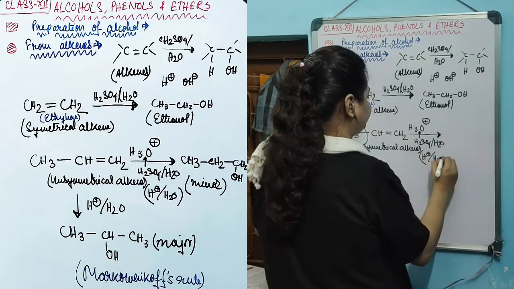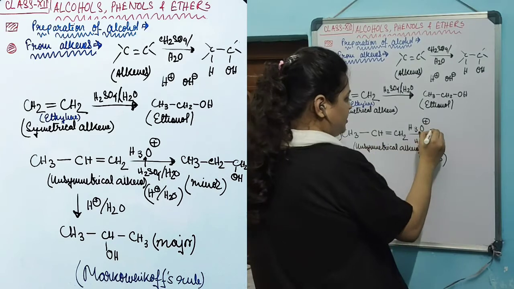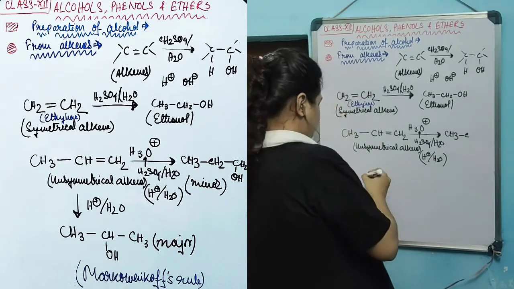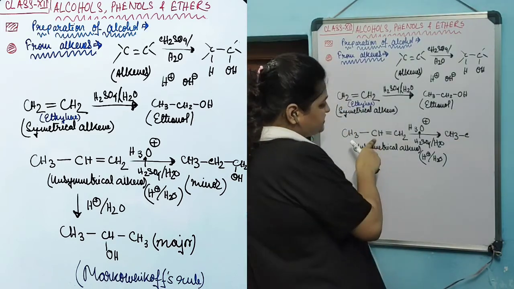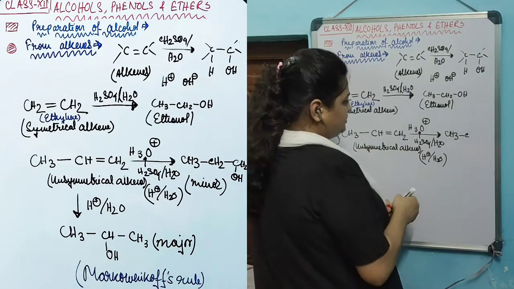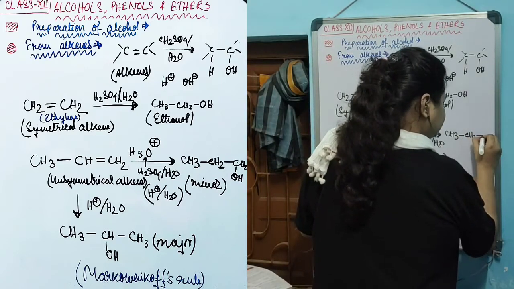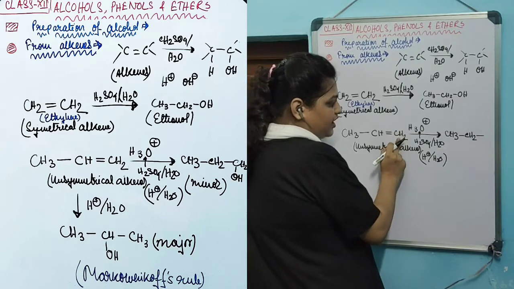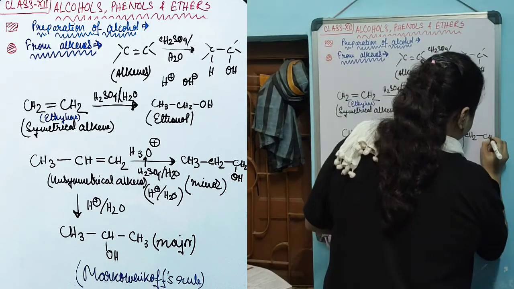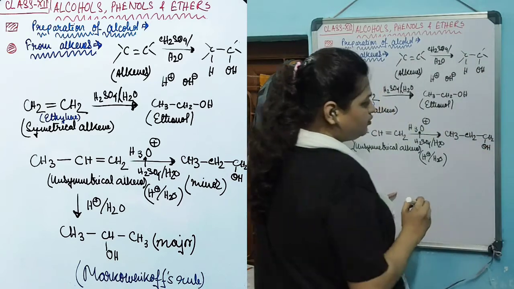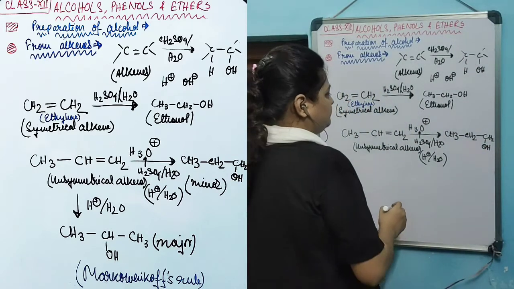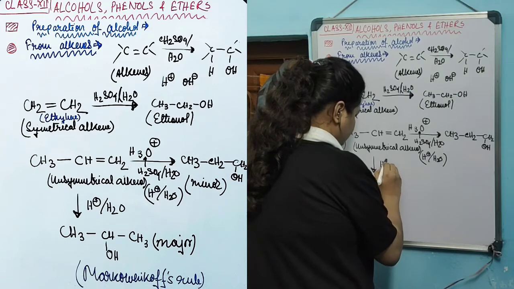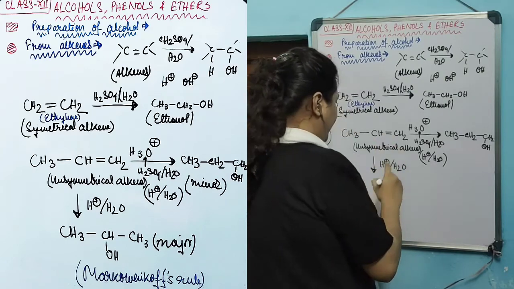If hydrogen is added to this carbon, then this carbon becomes CH2 single bond, and OH will be added to the terminal carbon, giving the structure CH2OH, propan-1-ol, or the addition could happen in a reverse way.